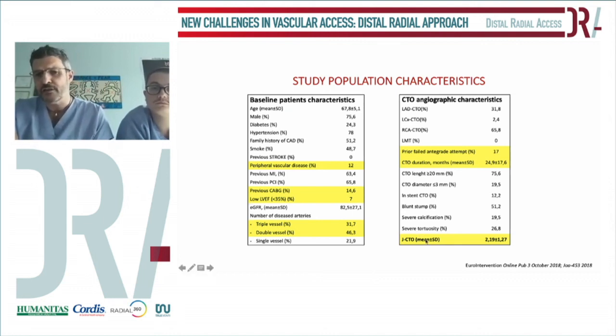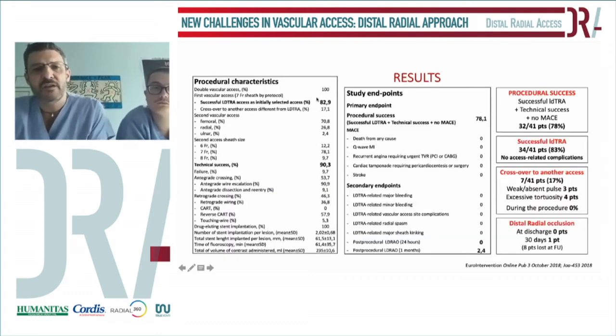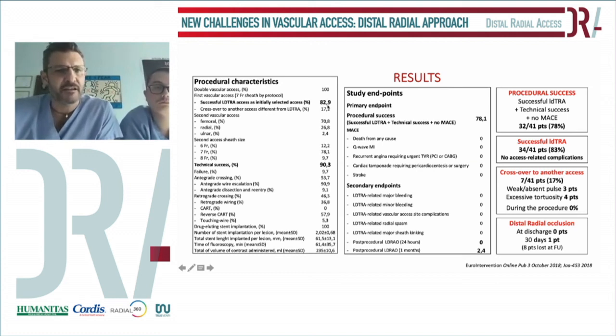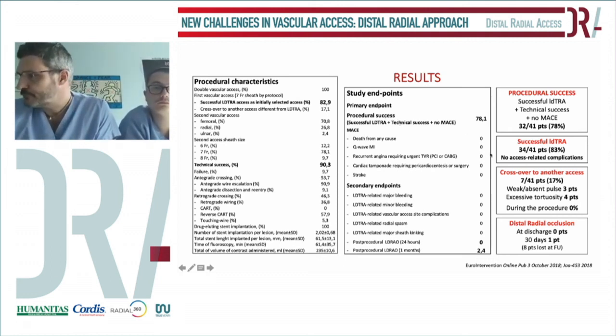The J-CTO score mean was quite high, so the procedures were all complex, but this was the result. The technical success was achieved in 90% of cases, and the procedural success, defined as successful left distal transradial access plus technical success plus no MACE, was 78%.